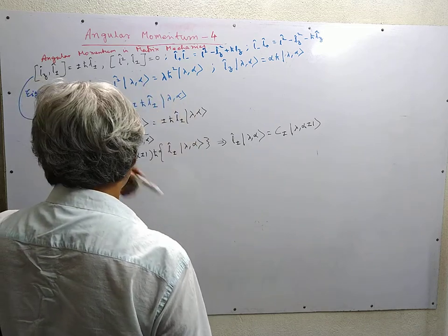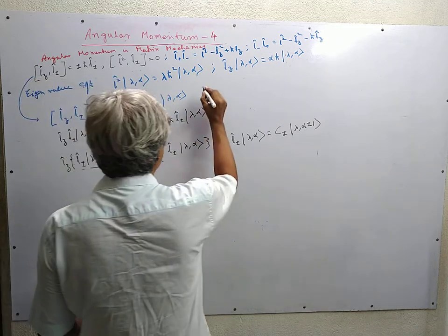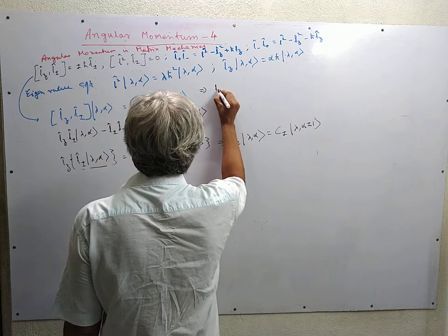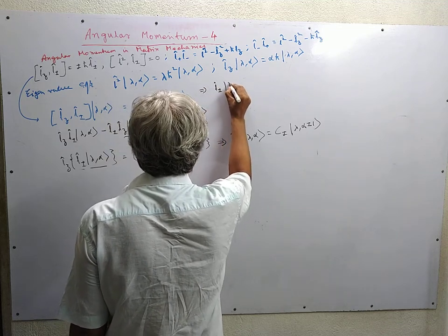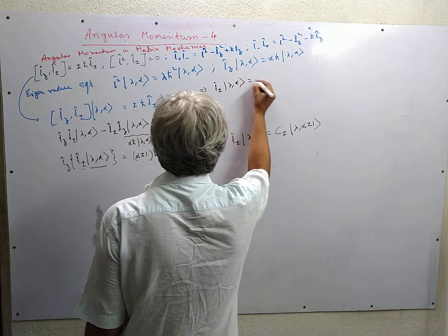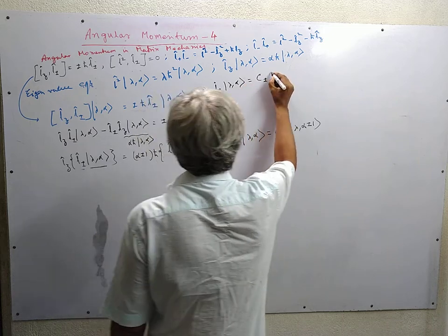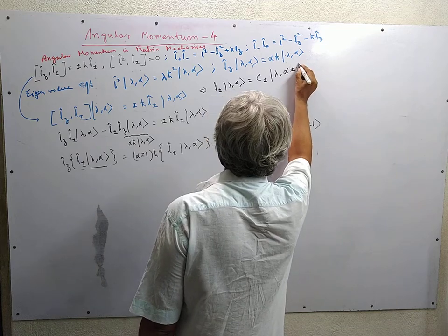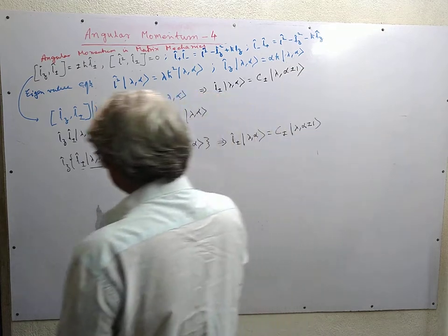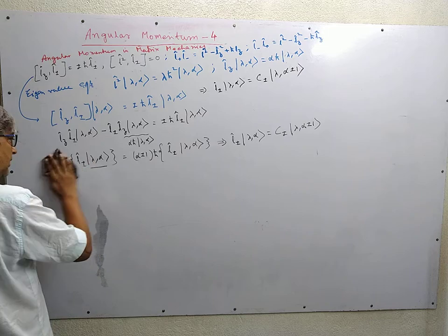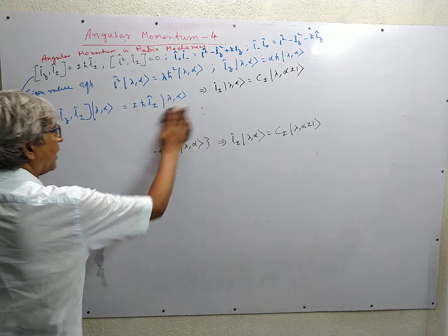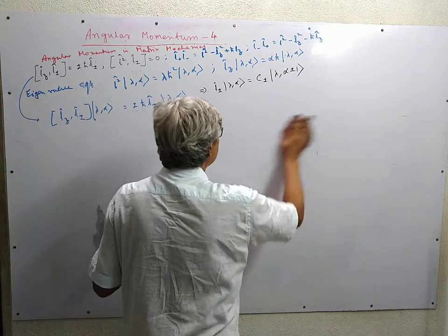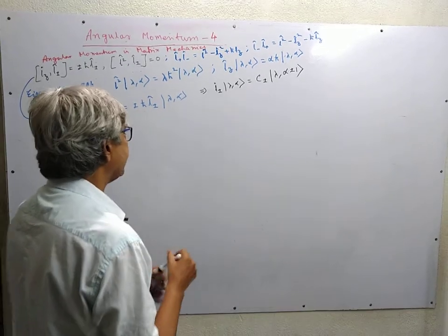So this is the significance of this, and we conclude that L plus minus operating on lambda alpha gives C plus minus lambda alpha. Our primary objective is to find out the multiplicative constant C plus minus.